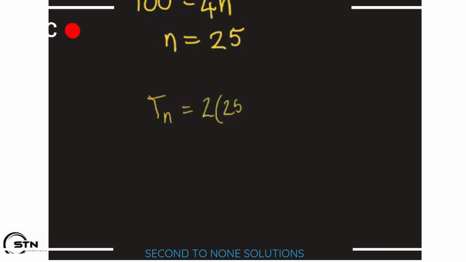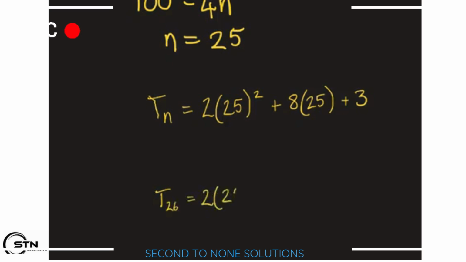The first one is the 25th term, and it's going to be 2n squared plus 8n, plus c. Oh, and c was 3. And then the other one was the 26th term. And remember that you have a calculator that will calculate this all for us.